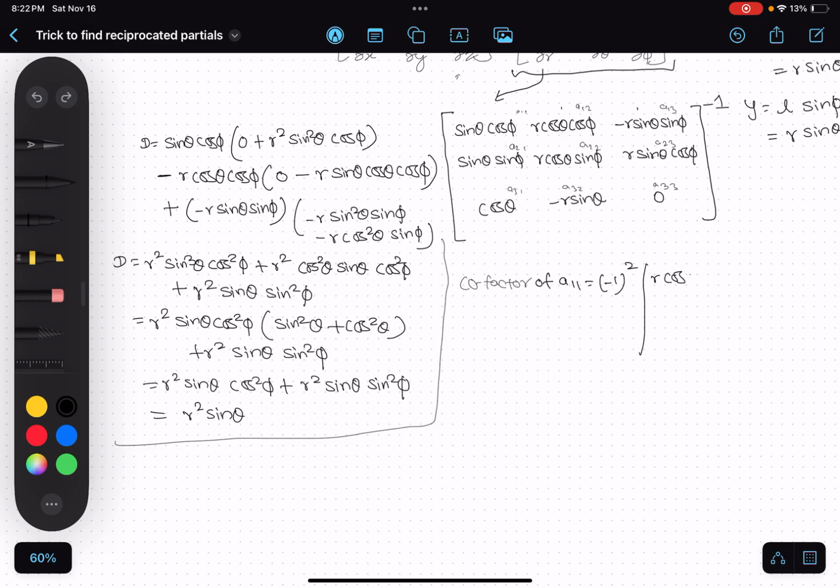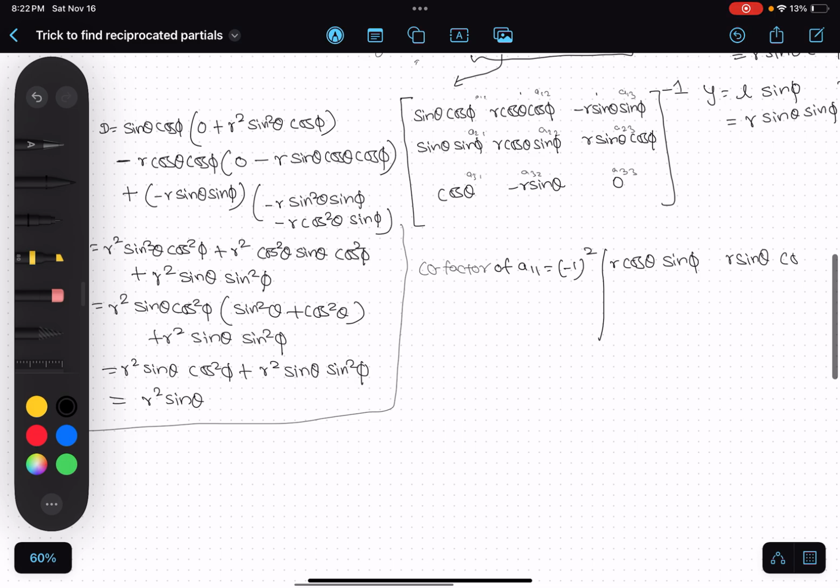So this will be r cos theta sine phi, r sine theta cos phi, minus r sine theta, 0, right? That would take a long time. Yeah. Now this is just positive one, and this is r square sine square theta cos phi, right? Okay, we got this.